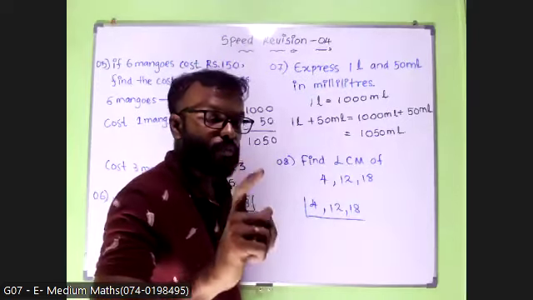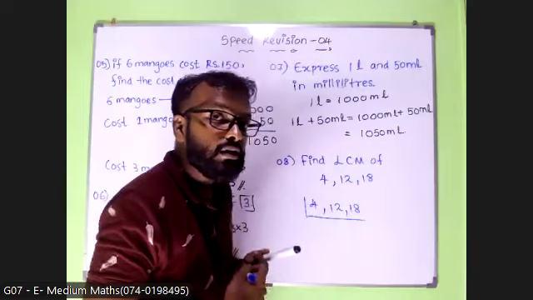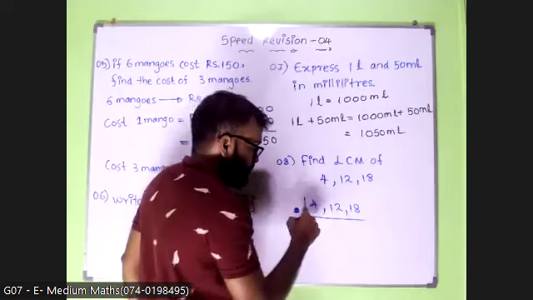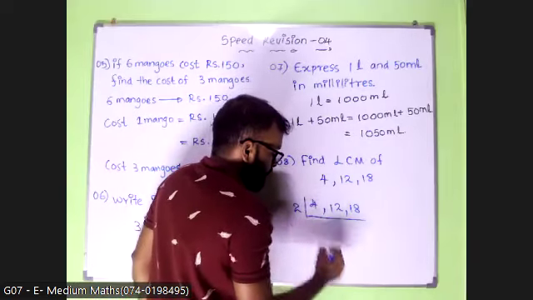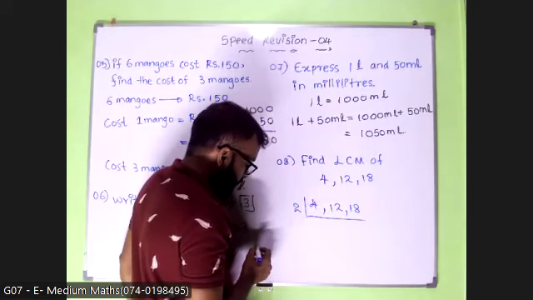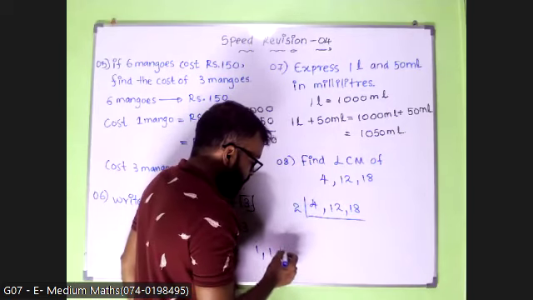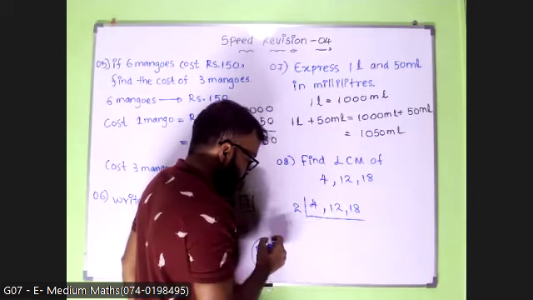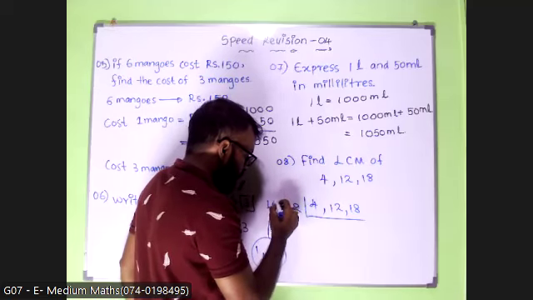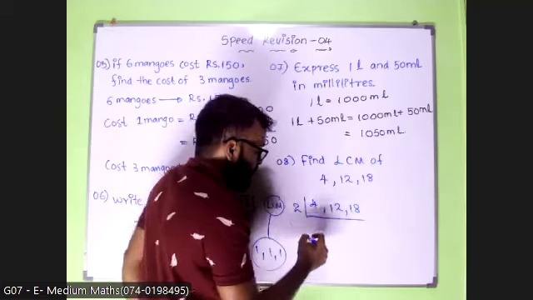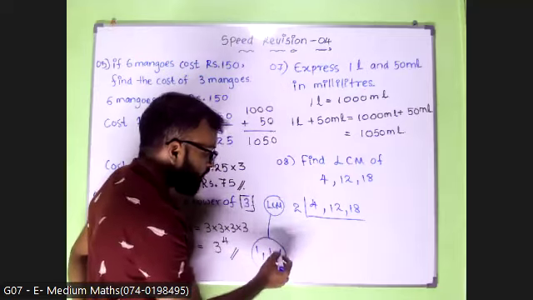What is the smallest prime number? Prime factor 2. Until I get 1, 1, 1 at the end, I need to divide for the LCM.